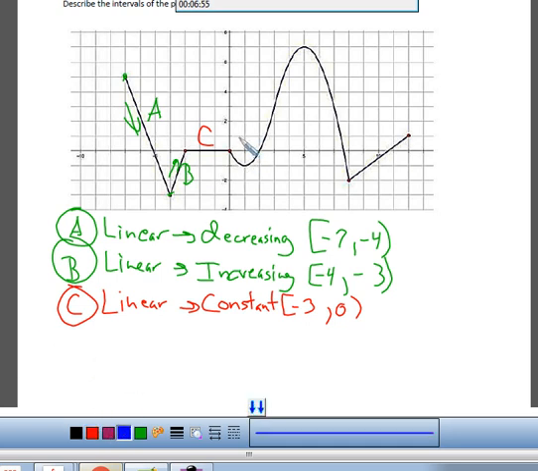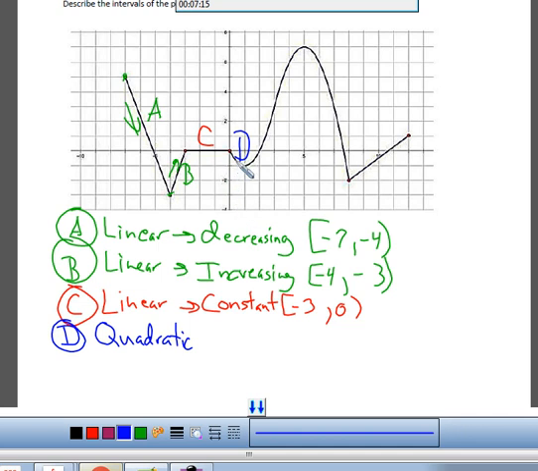So this we'll call D, and I changed my color again. And this time we have a quadratic. For section D, quadratic, this one is decreasing. Now I know you might be saying, well, doesn't a quadratic decrease and then increase?